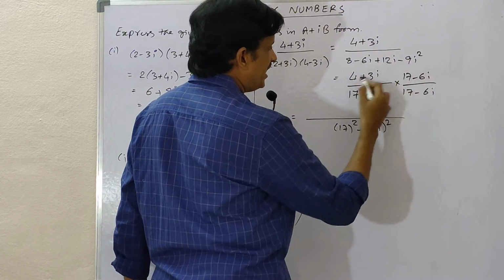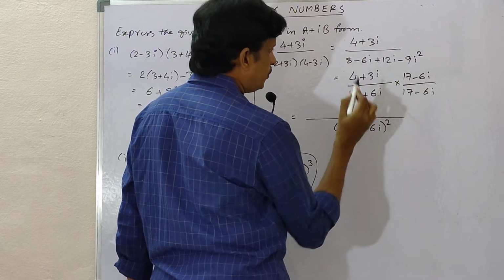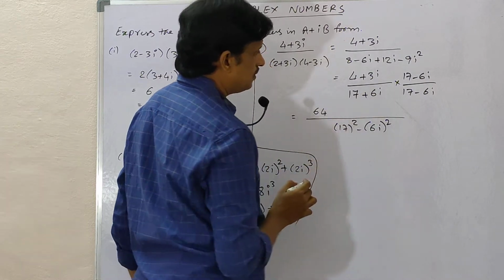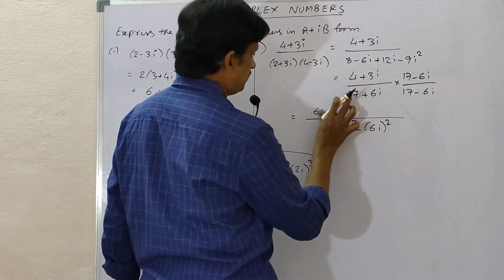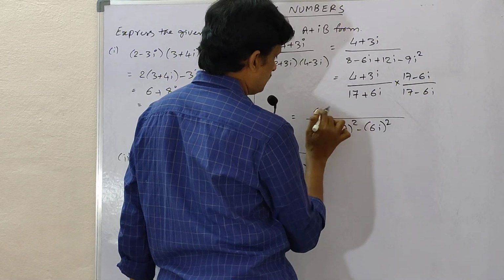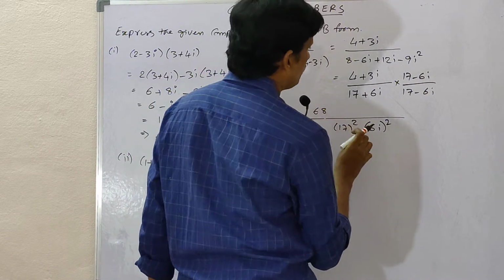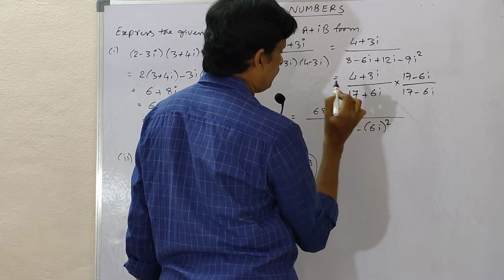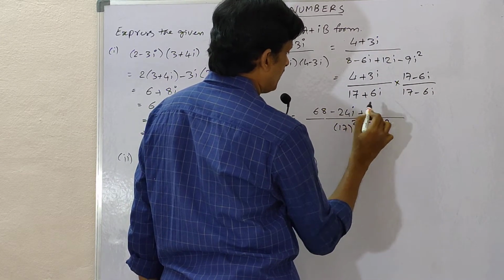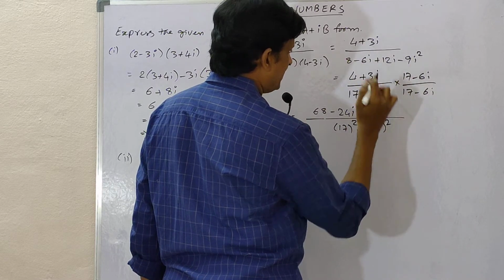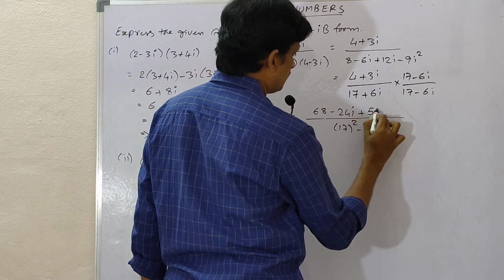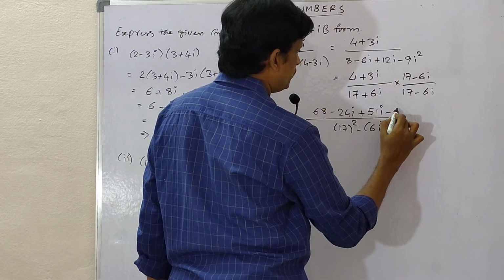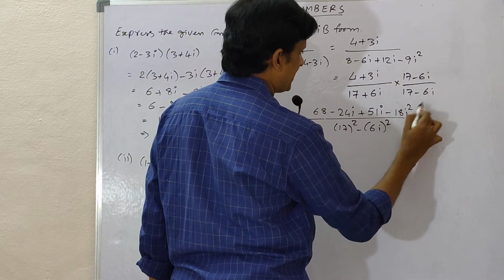Now in the numerator we need to multiply these two. 4 into 17 is 68, minus 6 into 4 that is 24i, plus 3 into 17 is 51i, minus 3 into 6 that is 18i square.